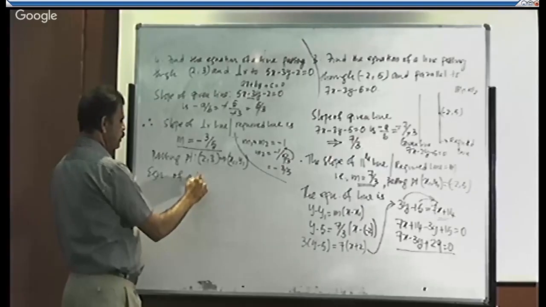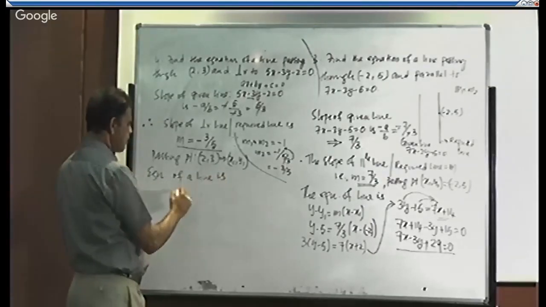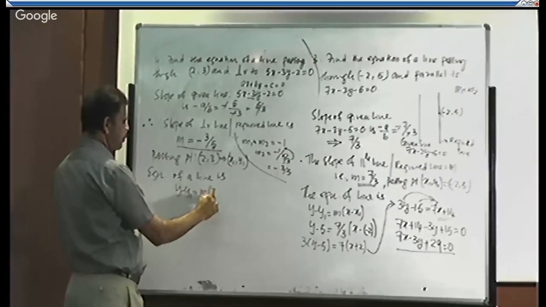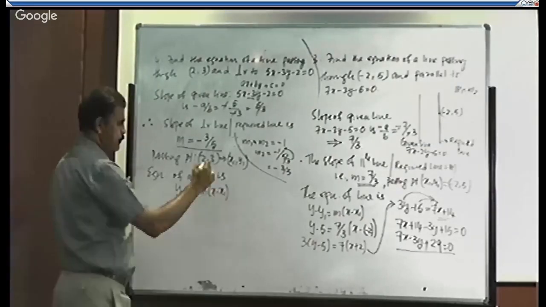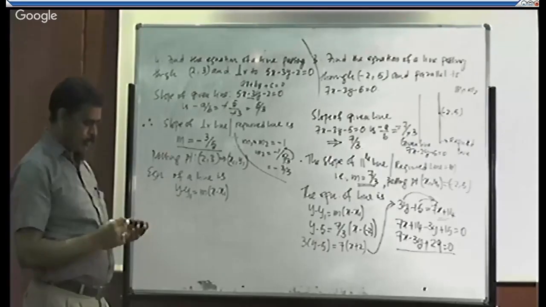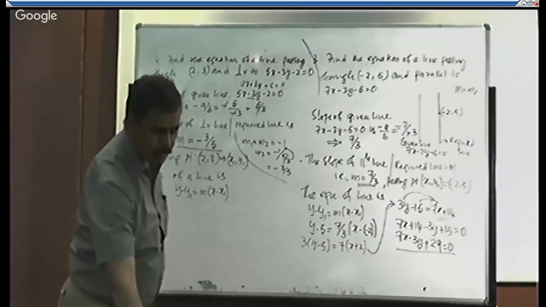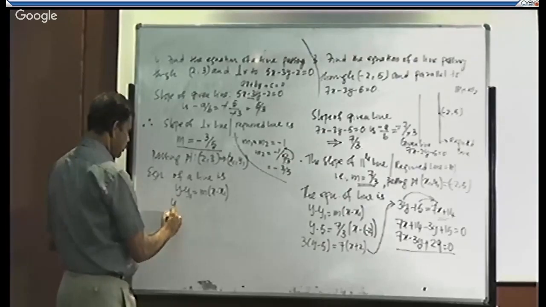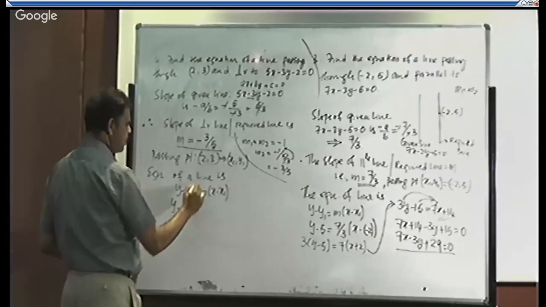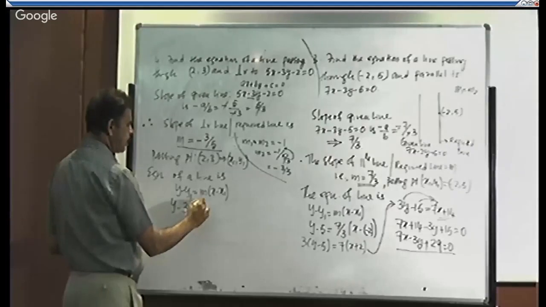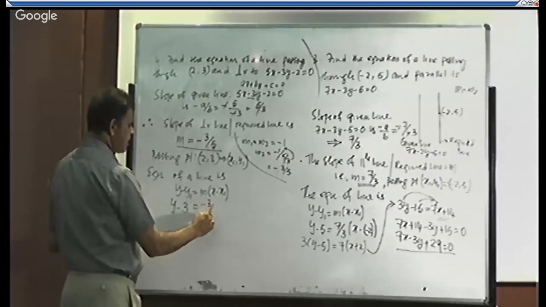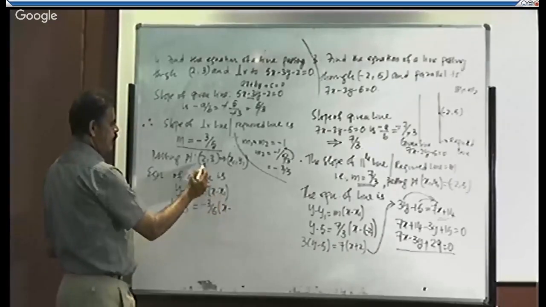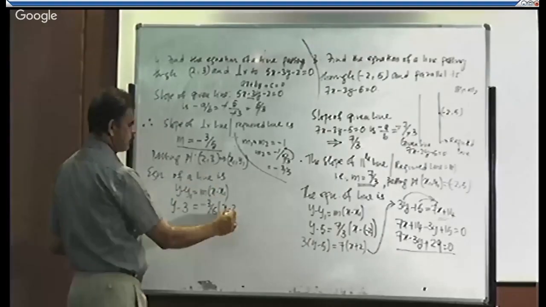Equation of a line is y minus y1 is equal to m into x minus x1. What is y1? y1 is 3, is equal to m. What is m? Minus 3 by 5 into x minus x1. What is x1? It is 2.